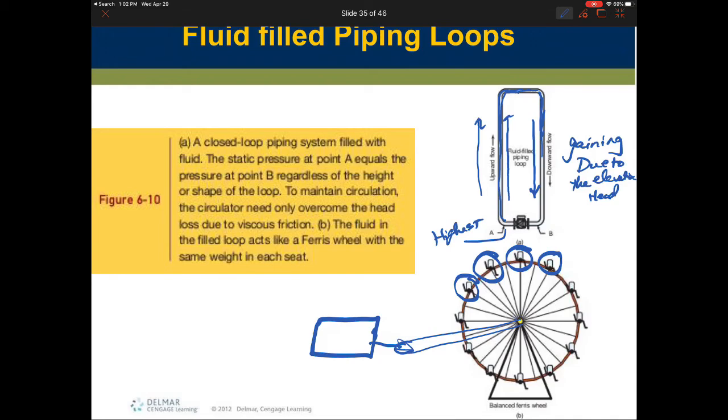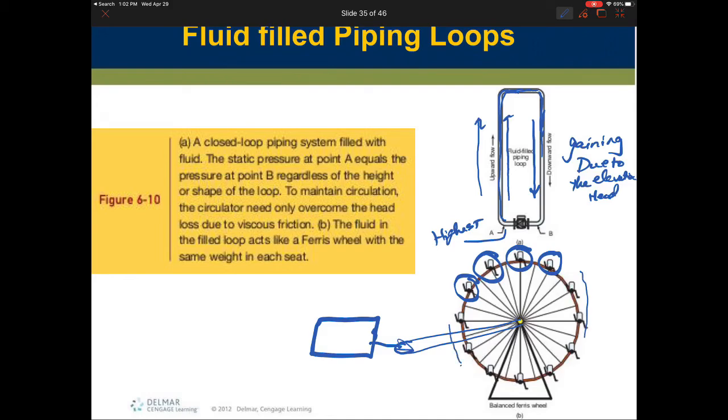The motor would simply have to rotate this Ferris wheel and overcome the resistance of just the bearings and the initial inertia.